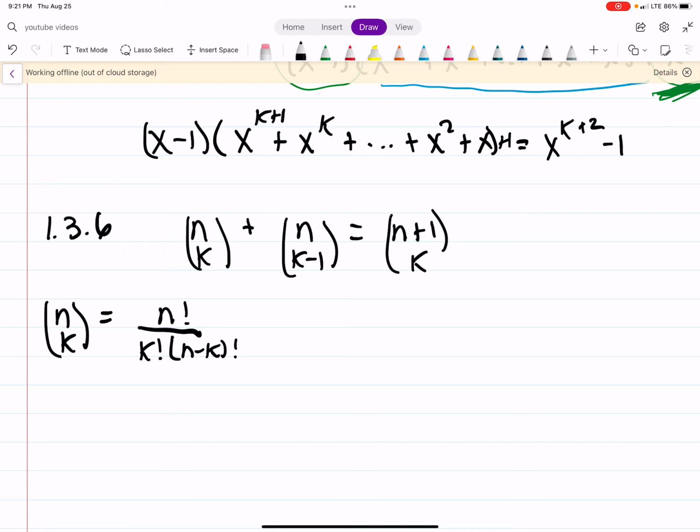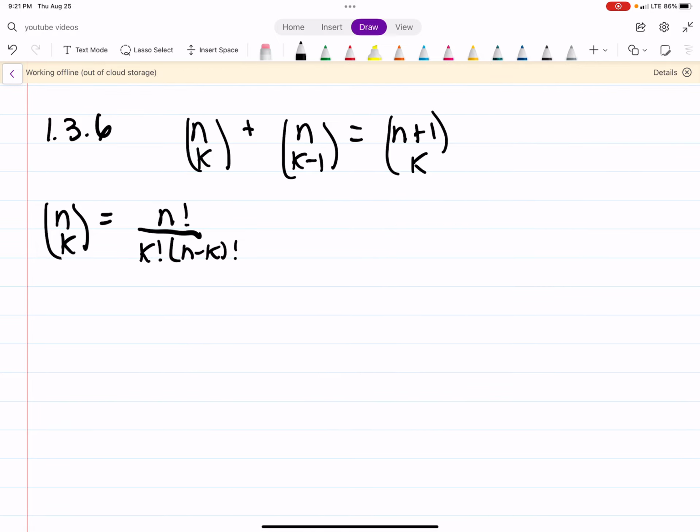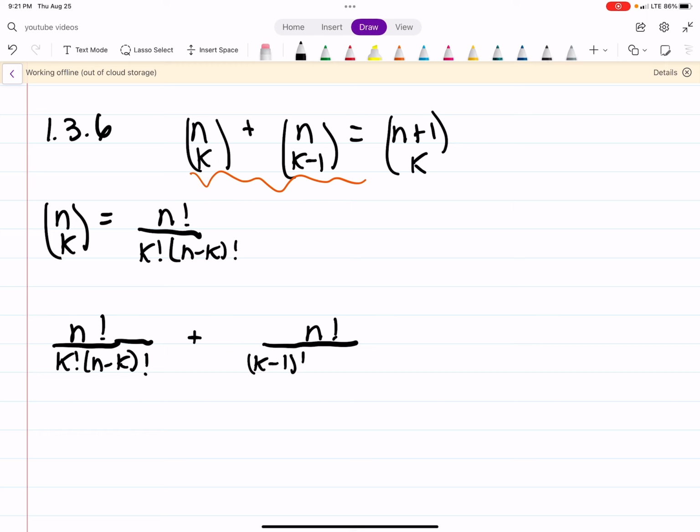Okay. All right. So if we want to, I guess, start by rewriting this, just following our equation, that's n factorial over k factorial times n minus k factorial plus n factorial over k minus 1 factorial times n minus k plus 1 factorial, right?